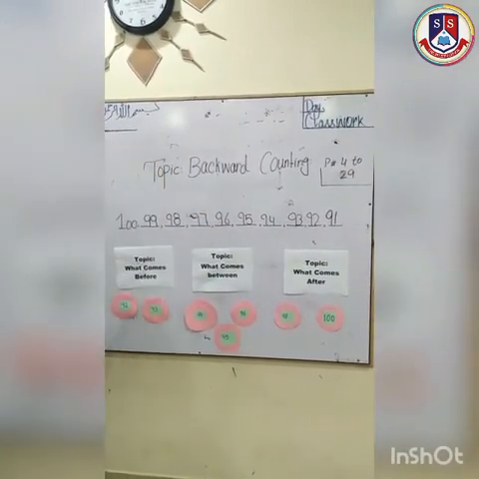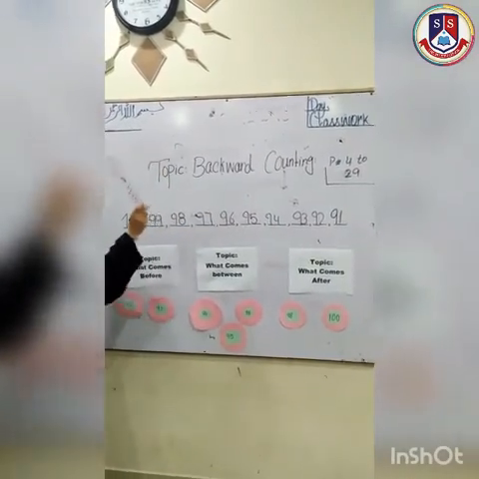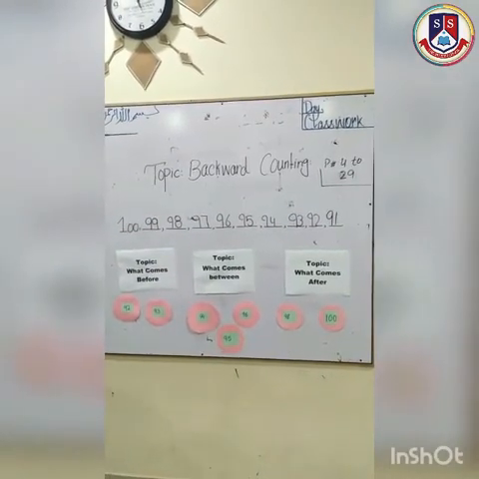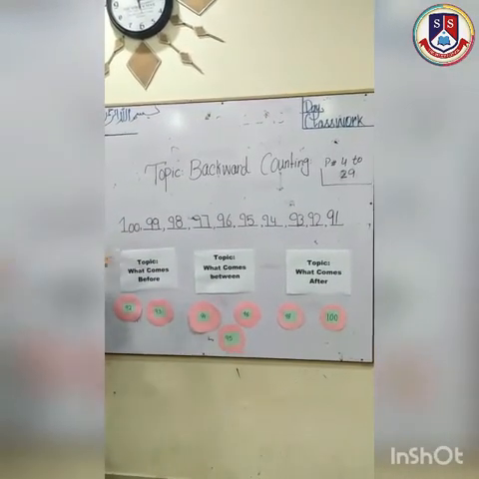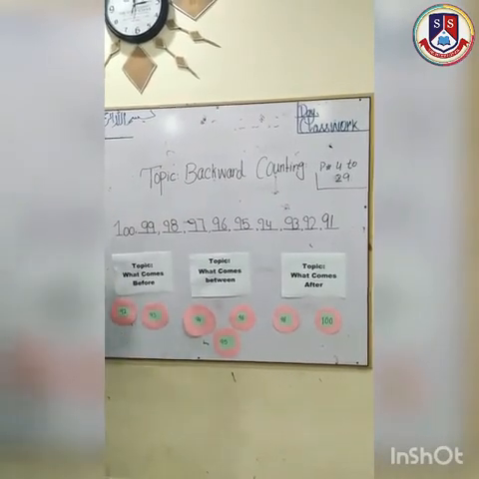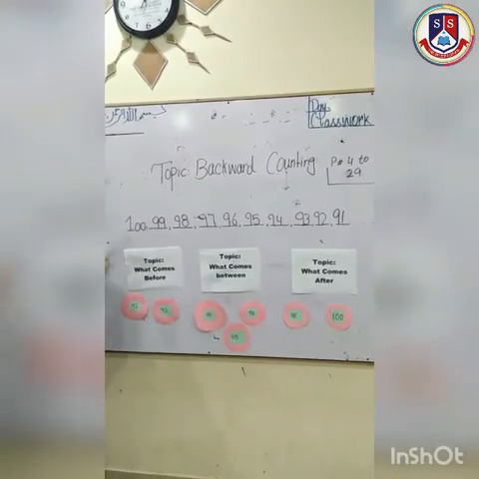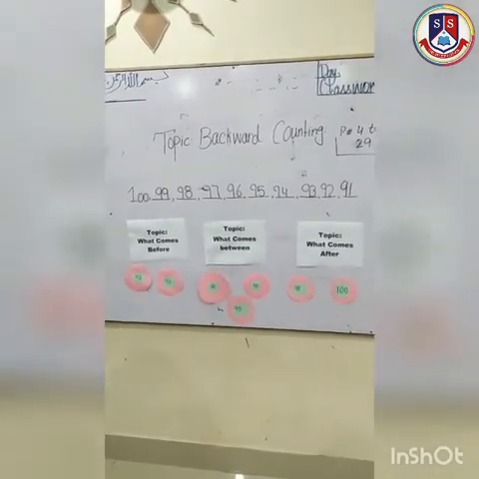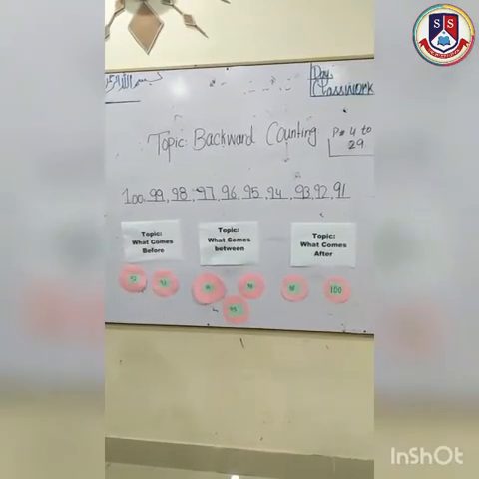And 94 before 93. And 93 before 92. And 91. It is backward counting and it started from 100 to 91. Down to up. नीचे से ऊपर की तरफ जा रहे हैं. Descending to ascending. Down to up.